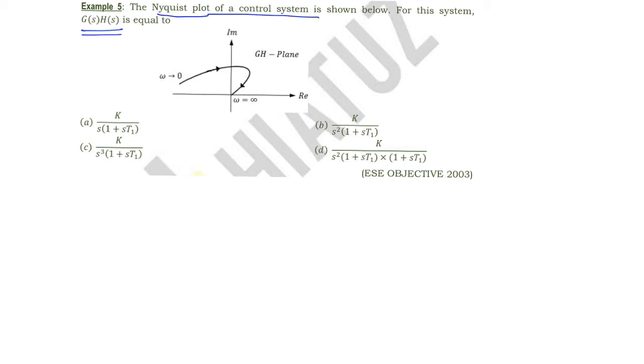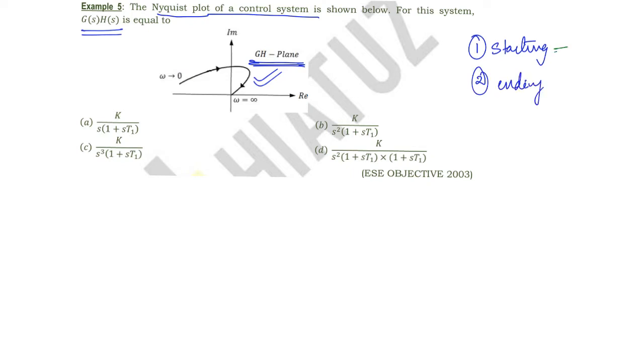Now we have to find out G(s)H(s). Since this is the GH plane, this polar plot will correspond to GH. If it is a G plane, it will correspond to the function G(s). Whenever such a question is given where you have to find the function from the given polar plot, you have to observe two things: where the plot is starting and where the plot is ending.